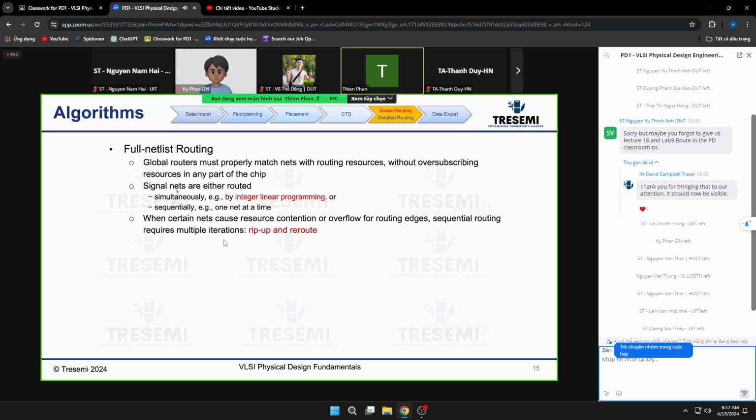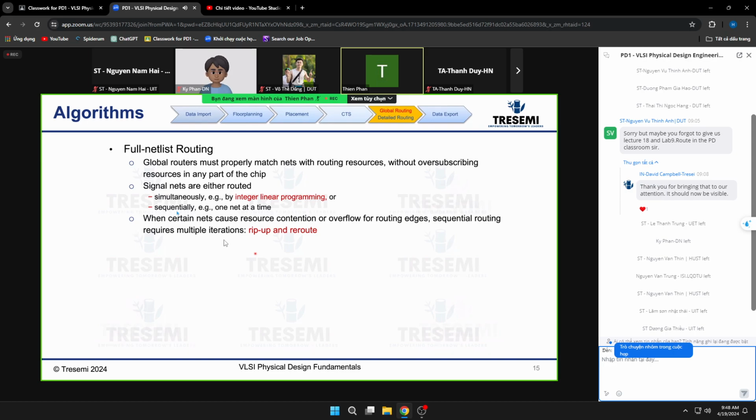That's what they're talking about here, the rip up and reroute, right? Let's try to route with the simple router first, right? And then if we see some congestion, we can just locally rip them out, right?